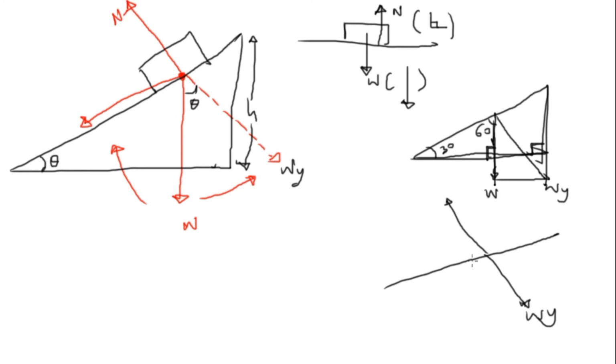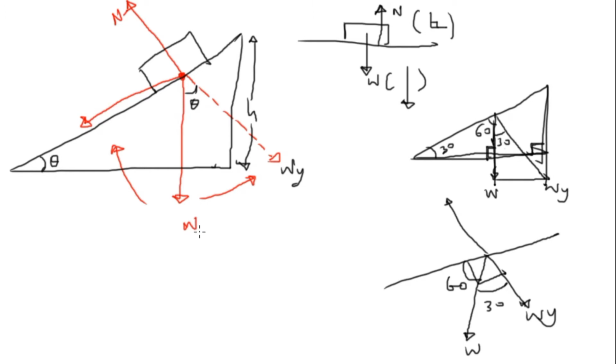Now notice that this is perpendicular and then we have said that this is W. If this is W and we refer to this angle as 60 degrees, then it means that the remaining angle will be 30 degrees. So this angle is actually 30 degrees, which is the same as this angle. So if this angle is theta, then this angle will be theta.